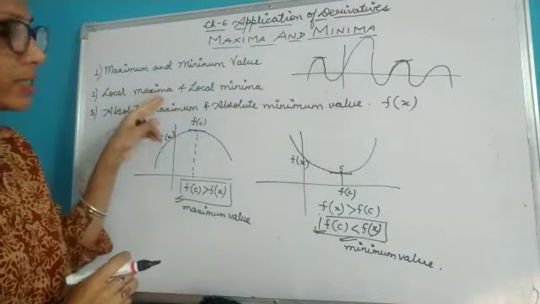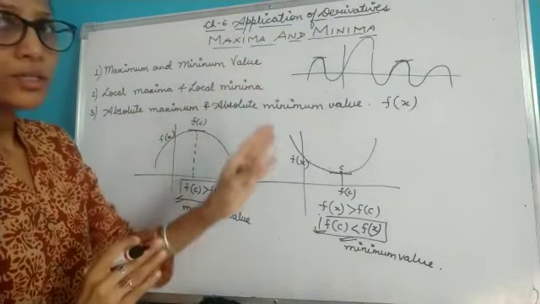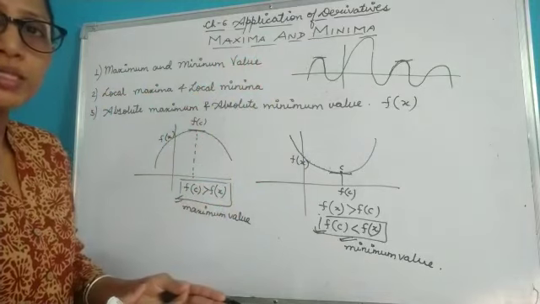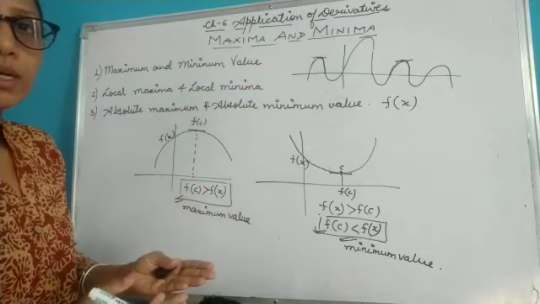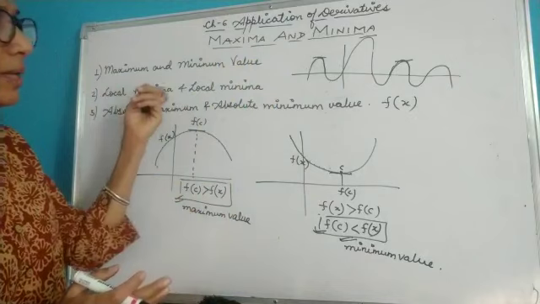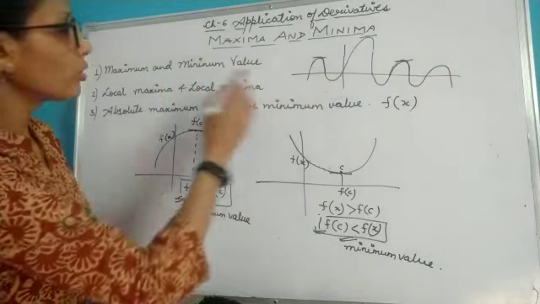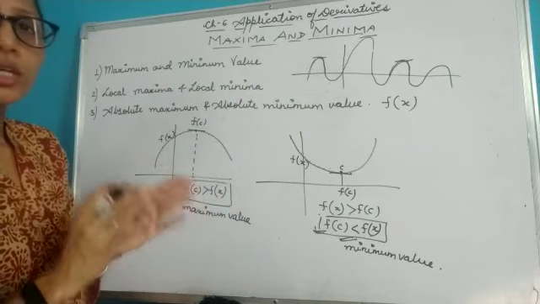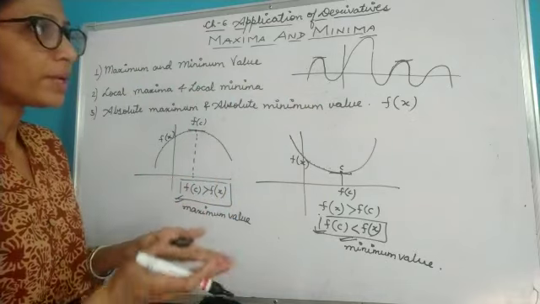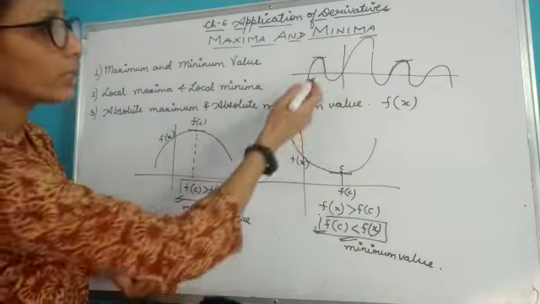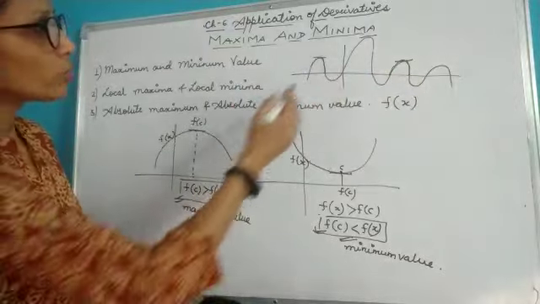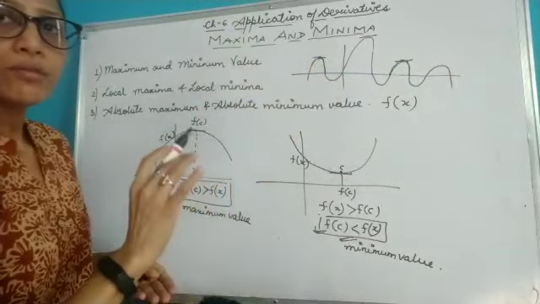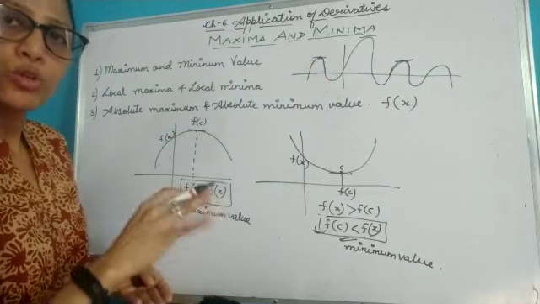So local maxima means if a curve has more than one maxima or minima, then we call it local maxima or local minima. Whenever you are dealing with local maxima and local minima, you will have more than one maximum and minimum value in the given function. Here we are dealing with the maximum and minimum value locally.